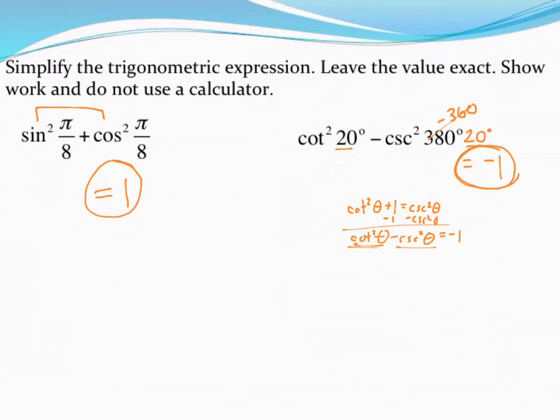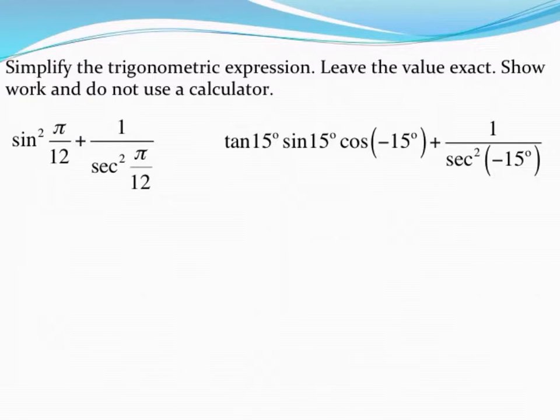If you think these are tough, let's take a look at a couple more that are even more involved in these last two examples. Okay, so I've got the sine squared of pi over 12 plus 1 over the secant squared of pi over 12. Both angles are the same, so that's good news, but I definitely don't have an identity that involves all this wackiness over here. So I'll just focus on this piece. Using reciprocals, which we looked at a couple videos ago, I know that the reciprocal of secant is just cosine.